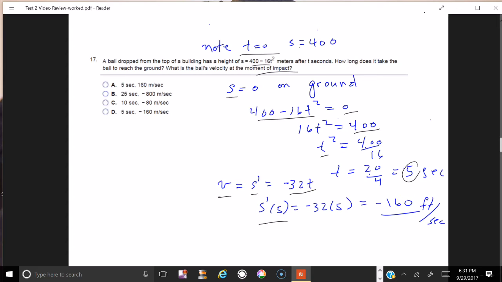The S prime at 5 is equal to 5 times minus 32, which is minus 160 meters per second, by the way, not feet per second. And this is answer 17, answer D. 5 seconds to hit the ground, and it's going minus 160 meters per second.